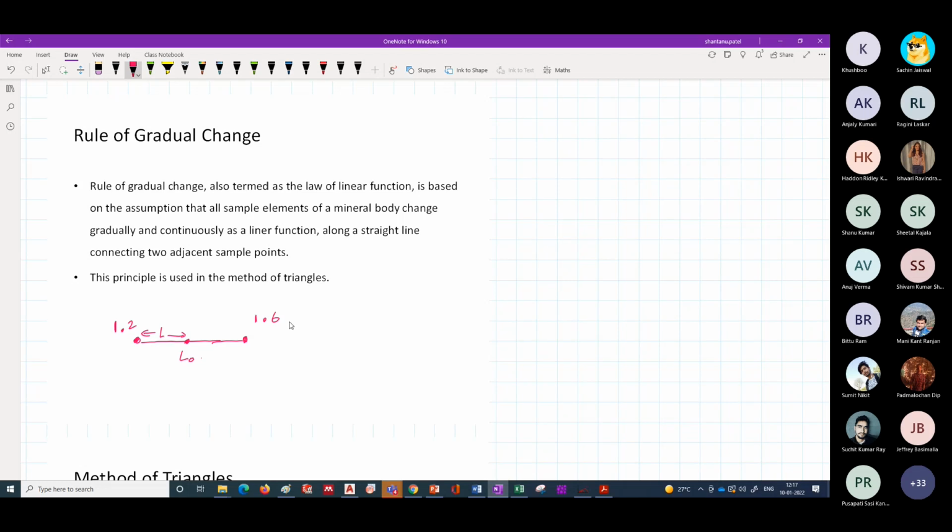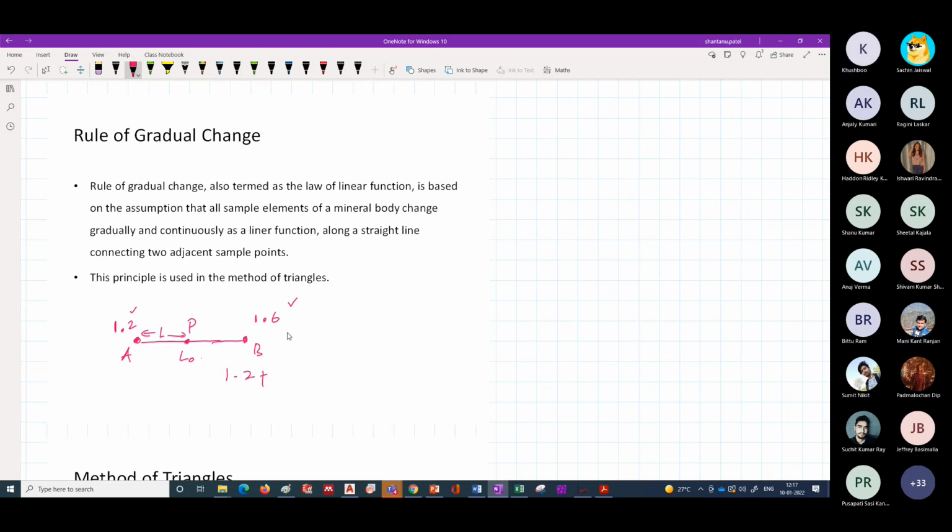So this is changing from 1.2 to 1.6. At distance L, this will be 1.2 plus what? Can anybody guess? Anyone? Point A is 1.2, point B is 1.6, so the difference is 0.4, times L by L0.